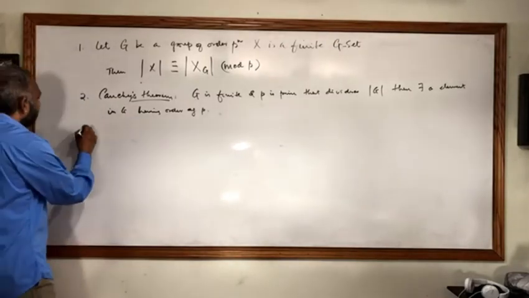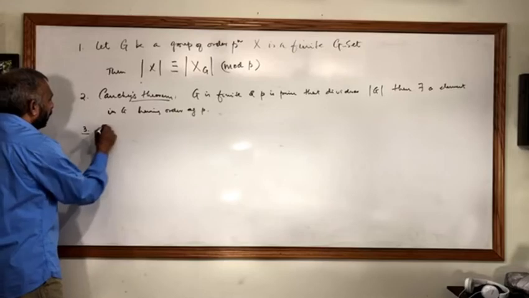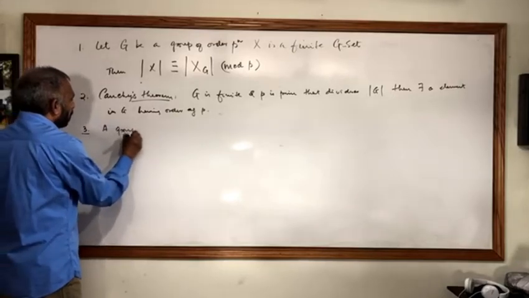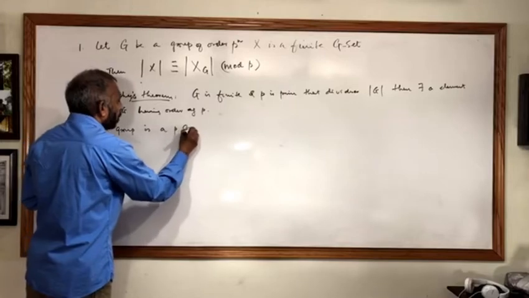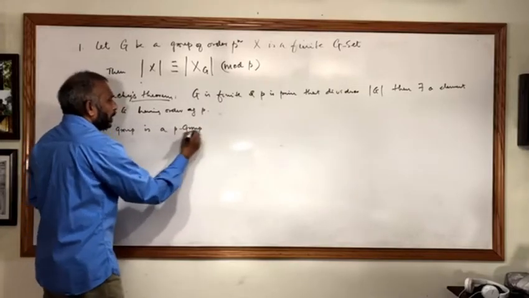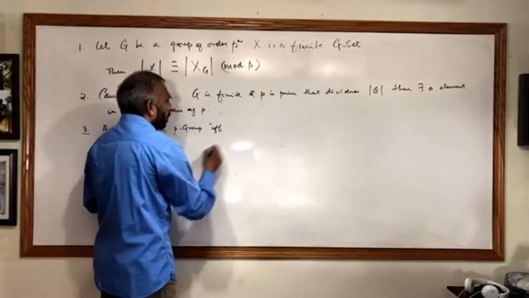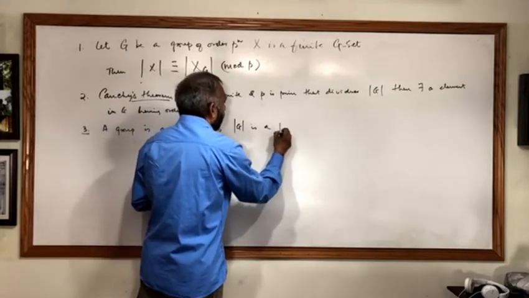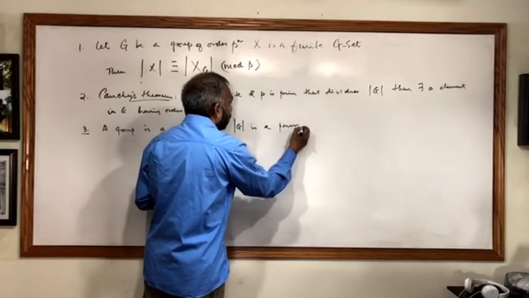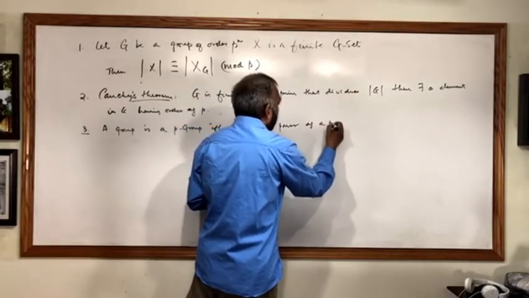Then the third result is a group is a p-group if and only if its order is a power of a prime.